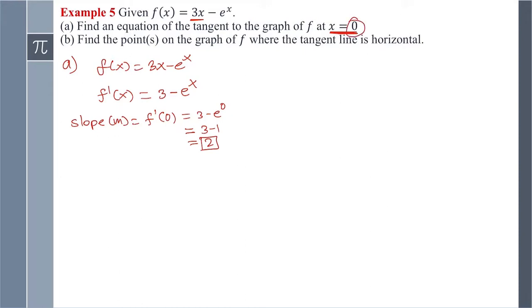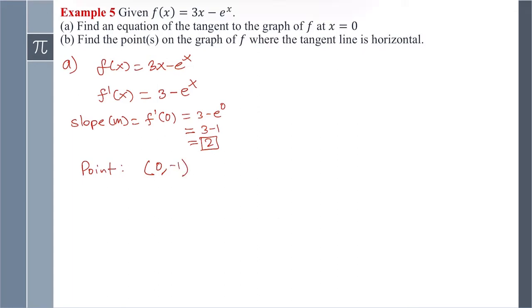We have the x value, so for the y value we plug that in here. 3 times 0 is 0, minus e to the 0 is 1. So the point where we are finding the tangent line is x is 0, and y is 3 times 0 minus e to the 0, which is 0 minus 1, equals negative 1. So the y value is negative 1.